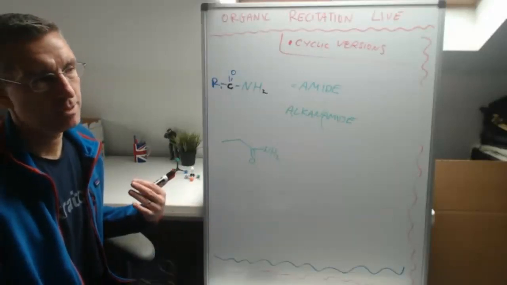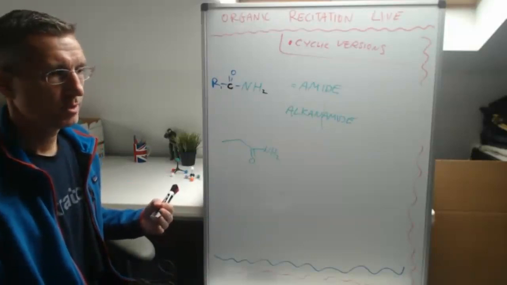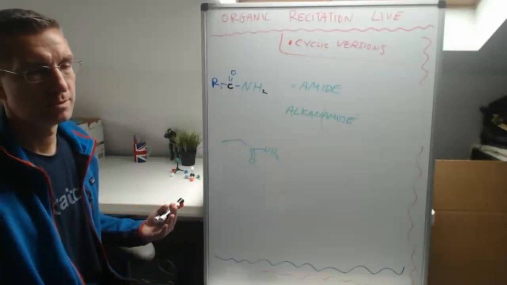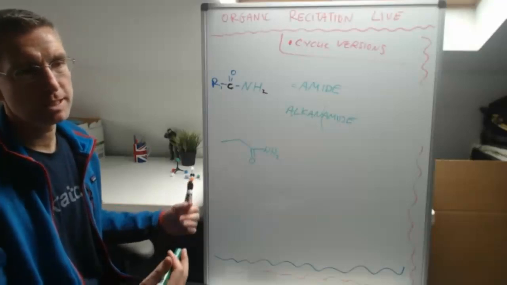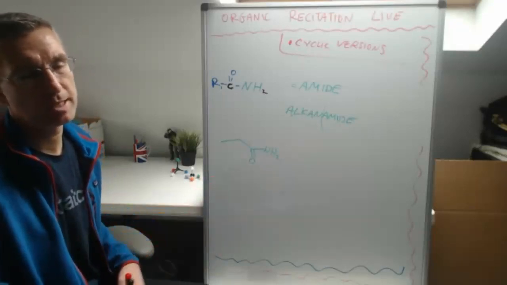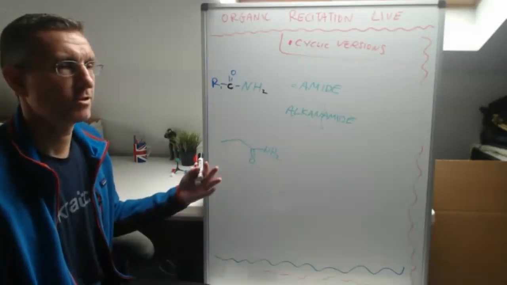So I say amide, other people might call them amides, biologists call them peptides. So this is the linkage that connects your amino acids together to make peptides, dipeptides, polypeptides, enzymes, viruses, stuff like that.